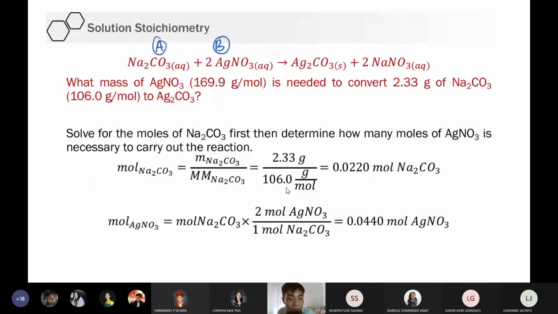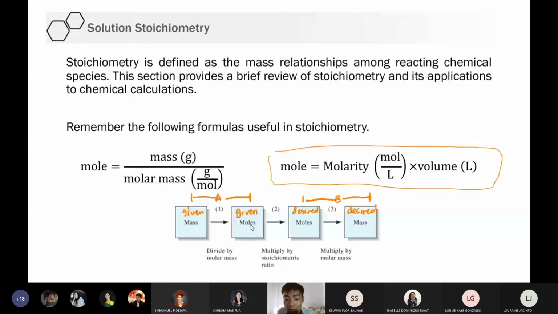Divide mo lang yan, you get the moles of your sodium carbonate. Asan step ka na? Moles. Then ano yung next? Stoichiometry na. You will convert the moles of substance A to the moles of substance B, from your given substance to the desired substance. How? Using stoichiometry. Okay? You check the coefficients now.